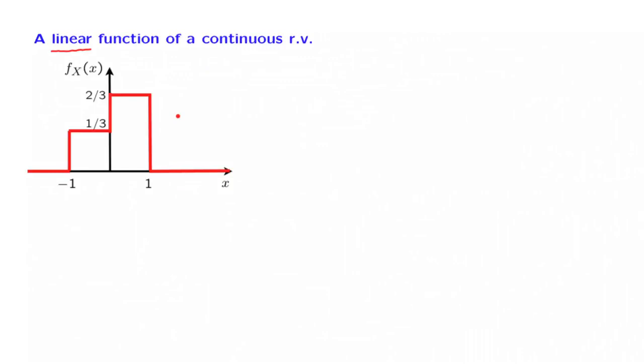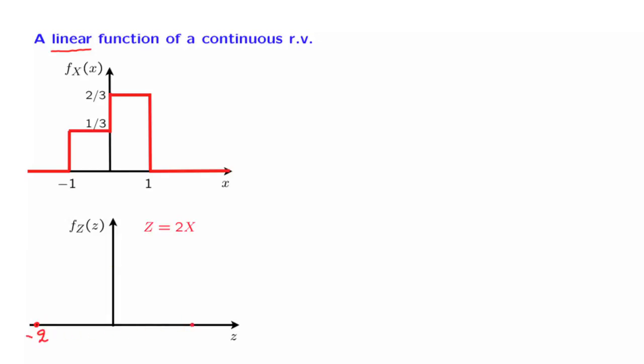So we start with a random variable x that has a PDF of the form shown in this figure, so that it is a piecewise constant PDF. We then consider a random variable z, which is defined to be 2 times x. The random variable x takes values between minus 1 and 1, so z takes values between minus 2 and 2.